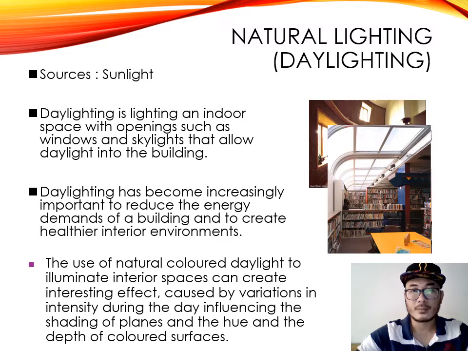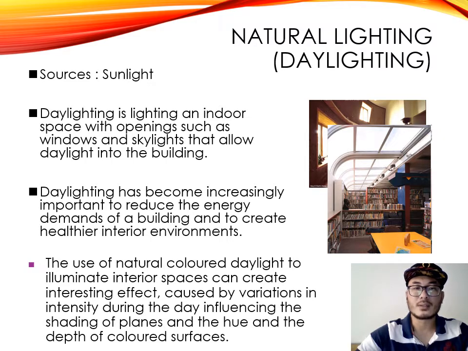All right, so moving on to natural lighting, or we call it daylighting. The source is sunlight. Daylighting is lighting an indoor space with openings such as windows and skylights that allow daylight to enter the building. Daylight has become increasingly important to reduce the energy demand of a building and create a healthier interior environment.